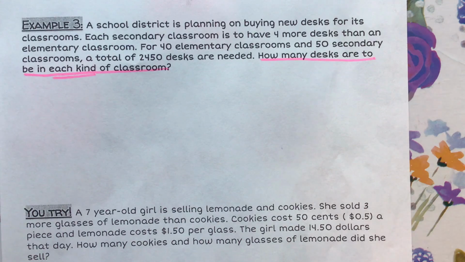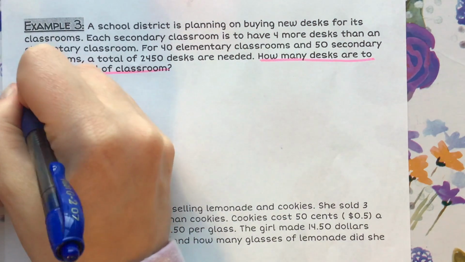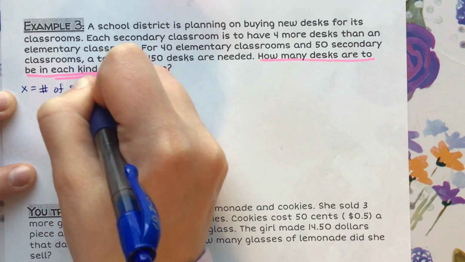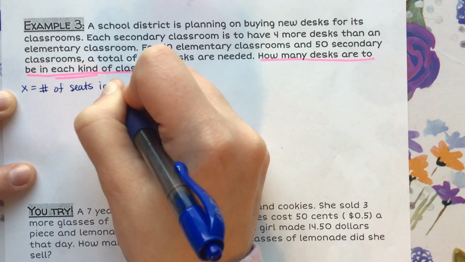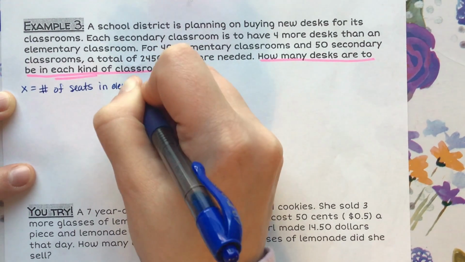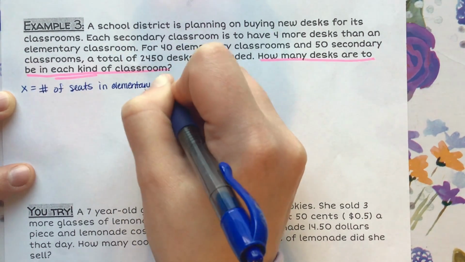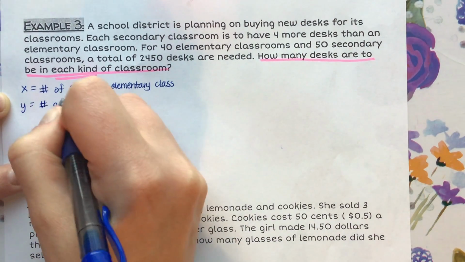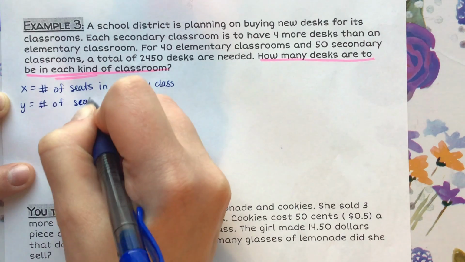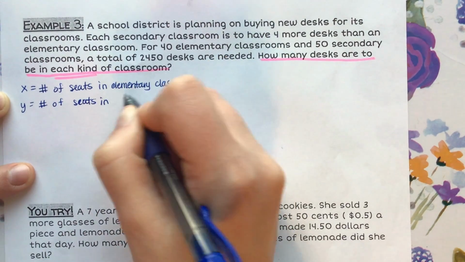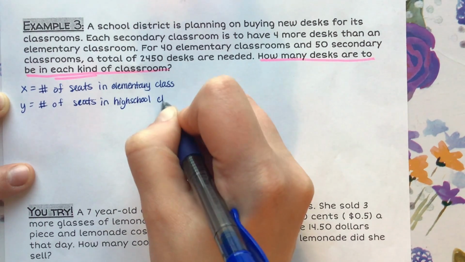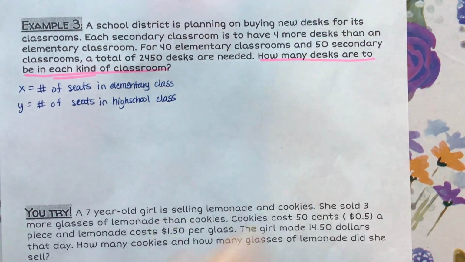So that's what it's telling me. x means number of seats in an elementary class, while y is equal to the number of seats in a high school class. Okay.